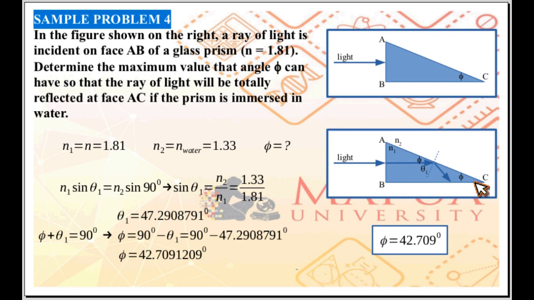You have similar triangles, which means whatever the angle here is also the angle phi. So phi is just this angle. Geometry tells us phi plus theta 1 is just equal to 90 degrees. Thus, we are able to determine phi knowing what theta 1 is. So, phi is equal to 42.709 degrees.